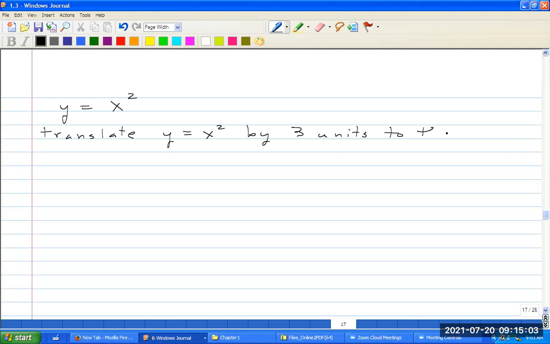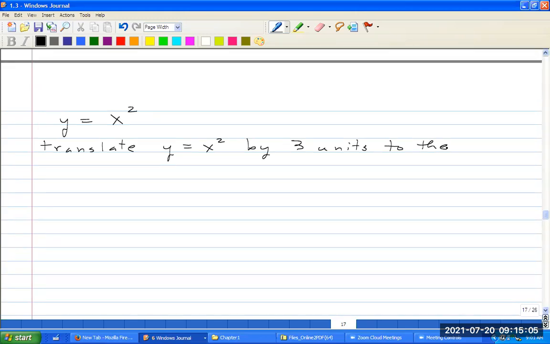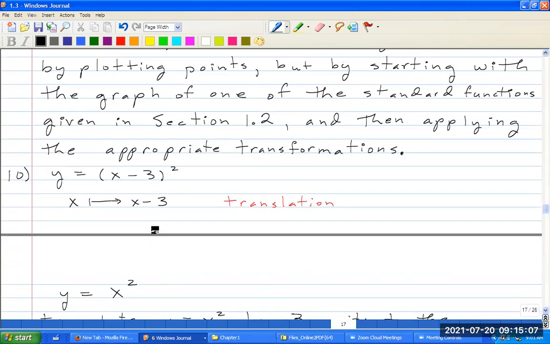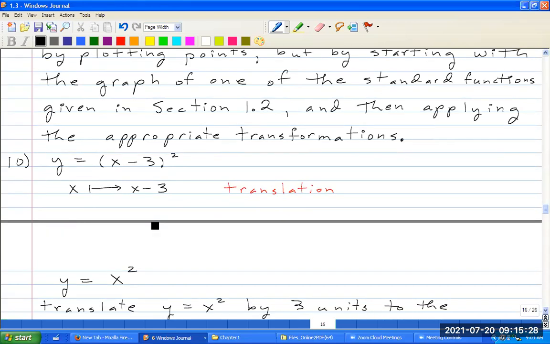I'm taking x and replacing x by x minus 3, and so that's in the x direction. In the x direction, I either go right or left. I'm subtracting, so the negative direction is to my left. Math is backwards. Therefore, I'm going to translate 3 units to the right.